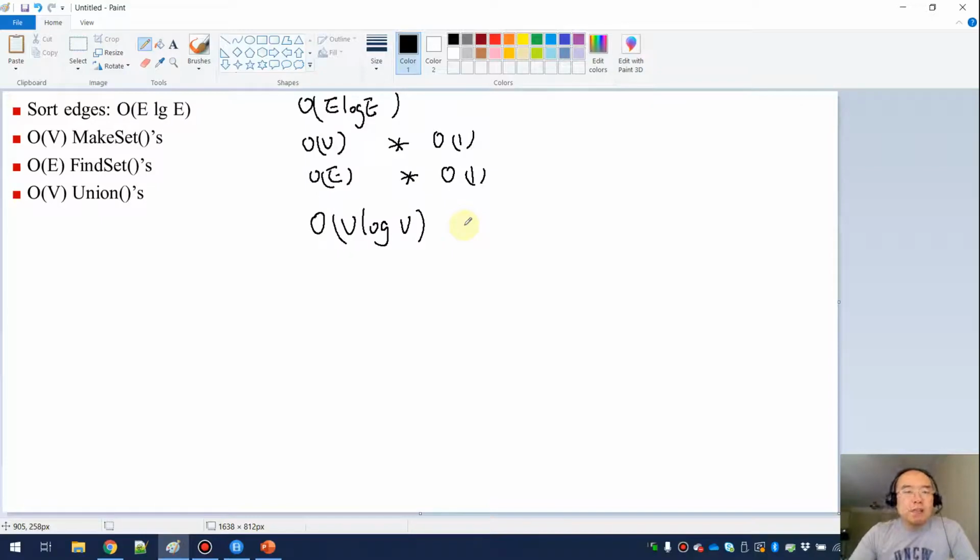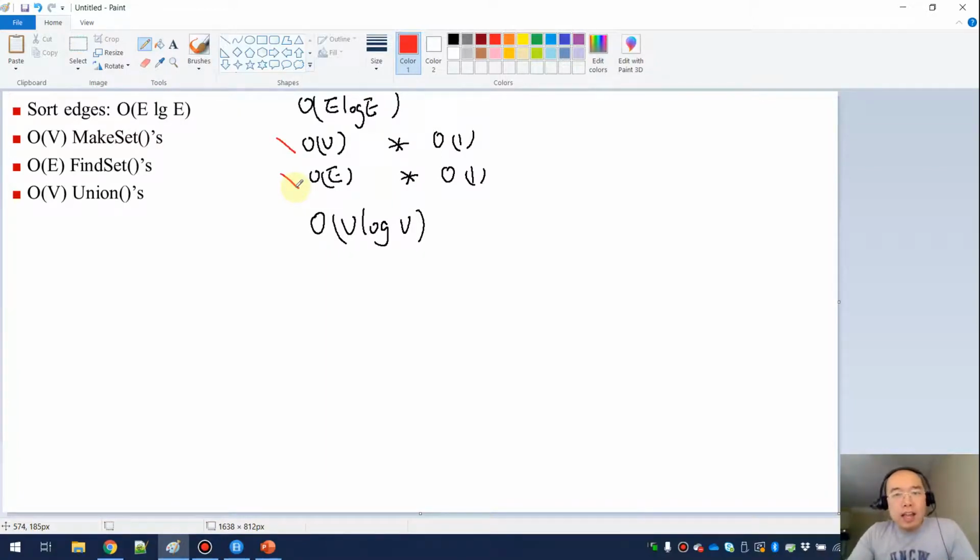Those are the four components of the Kruskal algorithm. If we add them together and pick the most significant part, which one should we pick? We definitely don't want to pick the constant ones. The next question is O(E log E) versus O(V log V). Which one is higher?